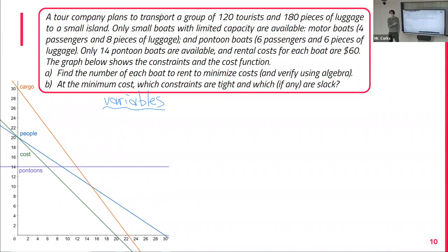Variables have to be variable. Boats? Okay, so the 2 kinds of boats. We get to choose how many of each boat. That thing is variable. It can change, so those are the variables. So let's just use M for motorboats and P for pontoon boats. What's the next thing we need to set up?